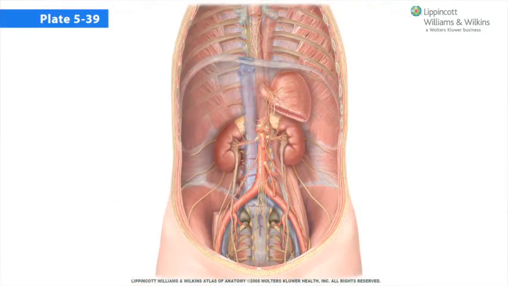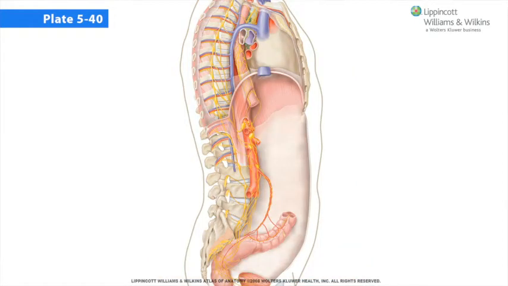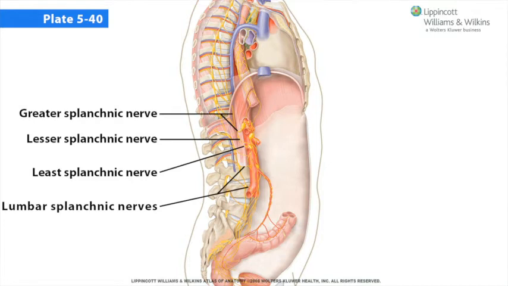The autonomic nervous supply to the abdominal viscera is provided by the aortic plexus, which is formed by preganglionic sympathetic and parasympathetic nerve fibers surrounding the abdominal aorta. Preganglionic sympathetic efferent nerve fibers in the aortic plexus come from the greater, lesser, least, and lumbar splanchnic nerves.